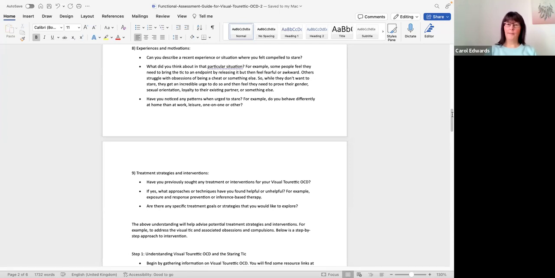But again, there are treatment methods that can help you suppress that until you're ready to take that sneak peek. Then you are actually bringing that tic to an end point, but you're doing it in a controlled way so that you don't get all flummoxed like I have, and then feel really terrible, for instance, not wanting to meet the person that you stared at again because you're just so embarrassed.